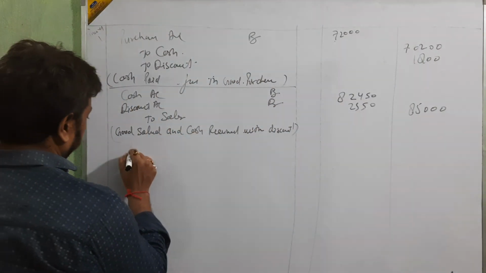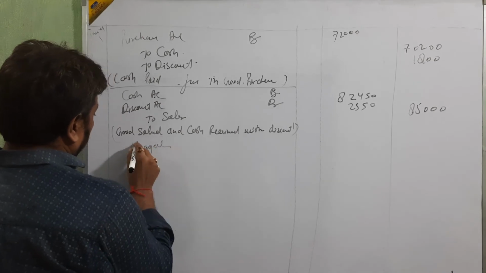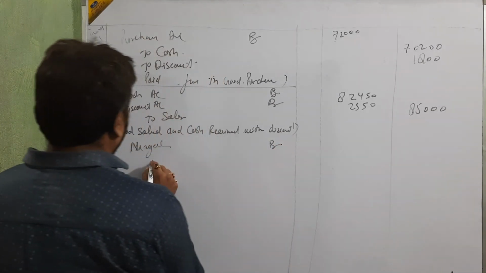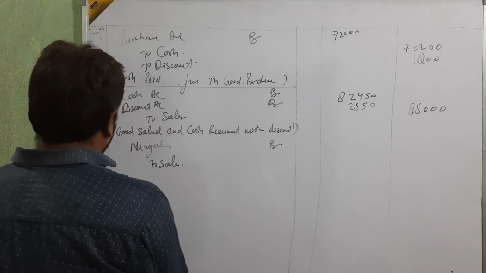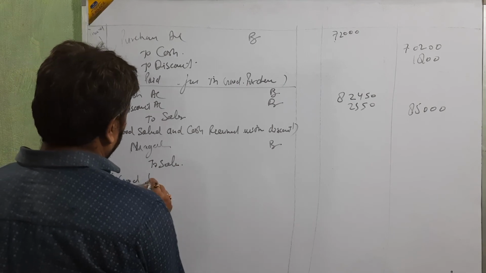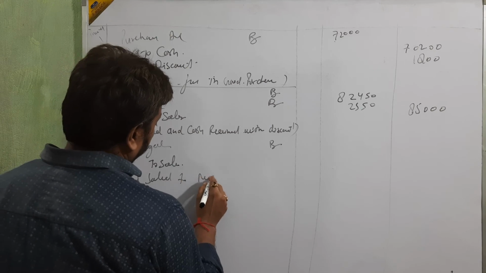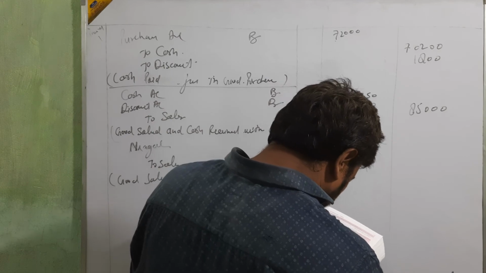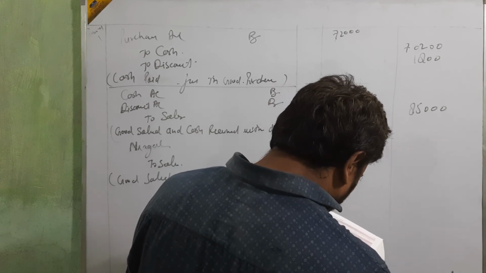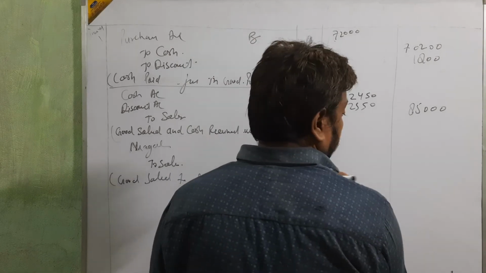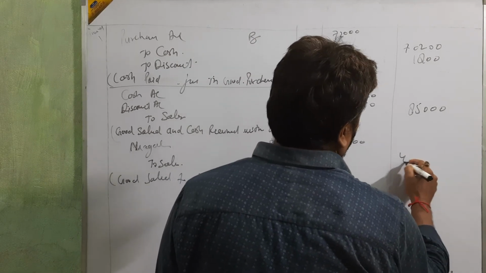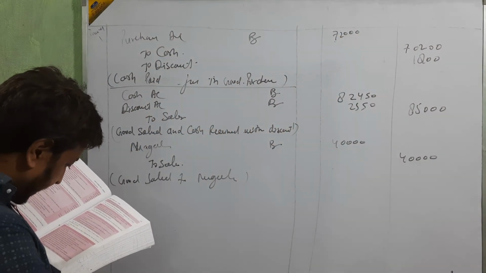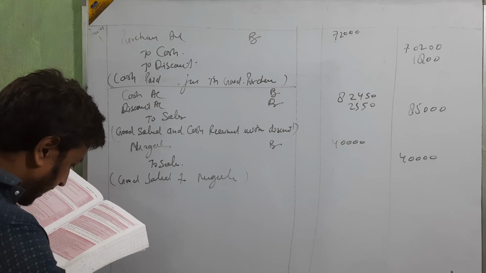Goods sold to Nigal. Amount is 50,000 at 20% trade discount. 50,000 less 20% is 40,000. Clear? 40,000.